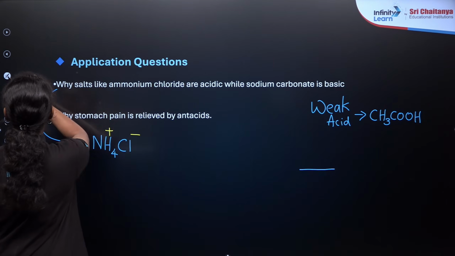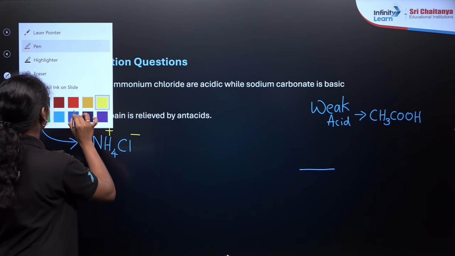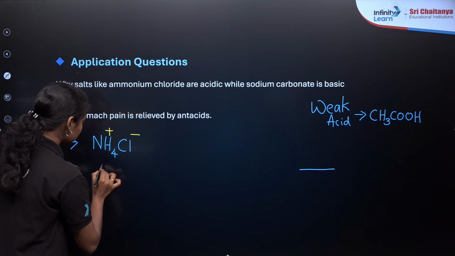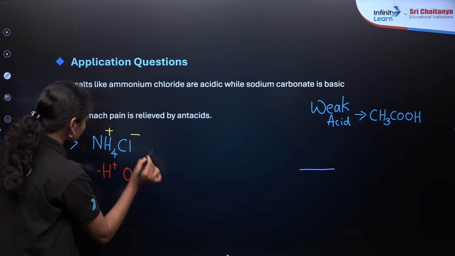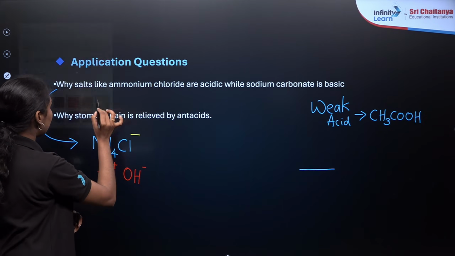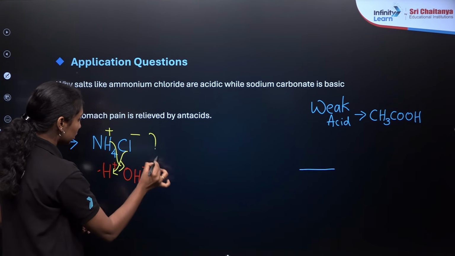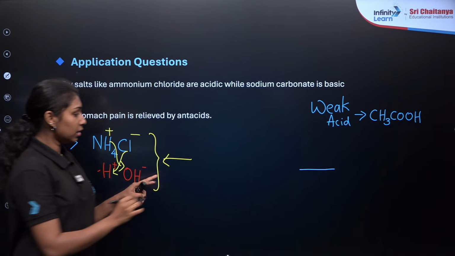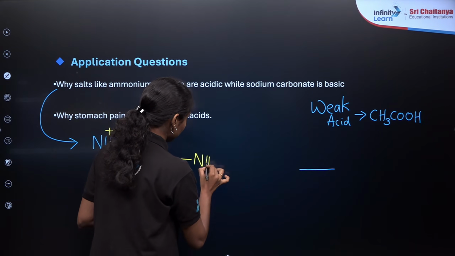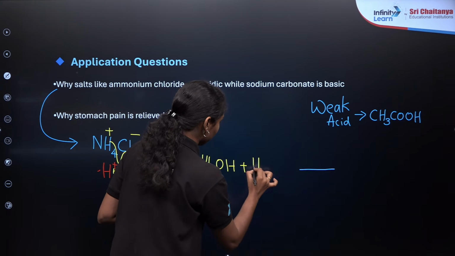I am adding a water molecule as H+ and OH-, right? Just crisscross, and you will get the parent acid as well as the parent base. So these are coming from NH4OH, ammonium hydroxide, and hydrochloric acid, right?